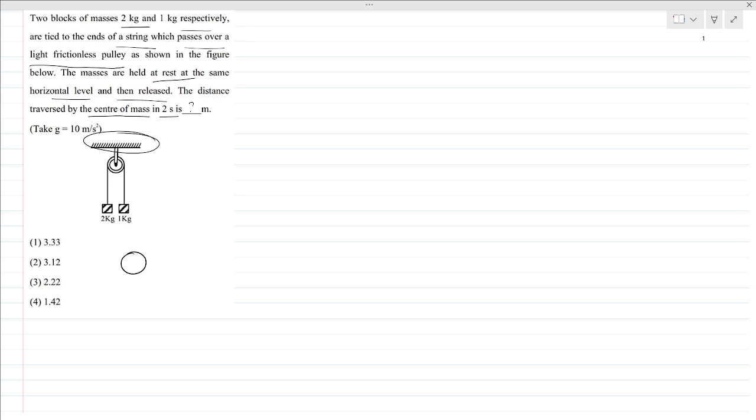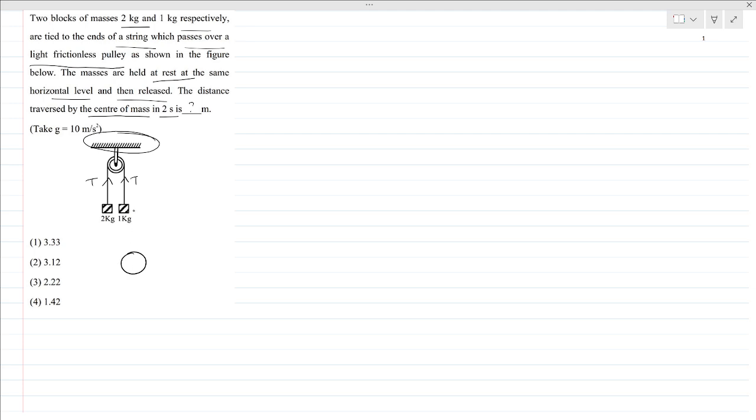And also we can assume that the string is inextensible. That means the tension applied on the string, T, will be the same on both sides. Now we will see what will happen when they are released from their equilibrium position.